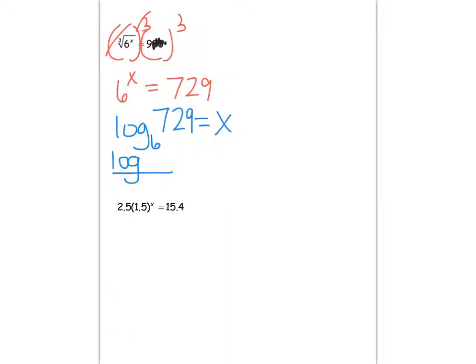Log of what I was trying to take the log of, 729, divided by the log of the base, which happens to be the 6 that was on the bottom, and that will equal x. So x will equal 3.679 if I round.